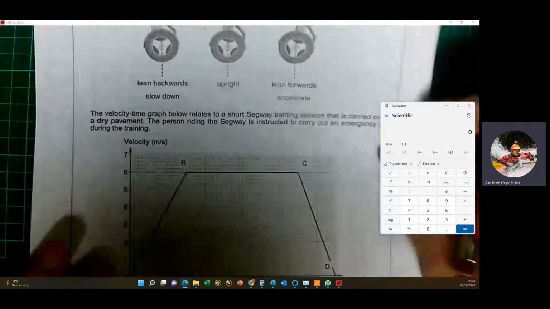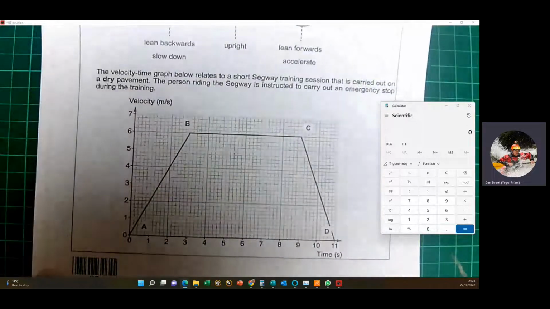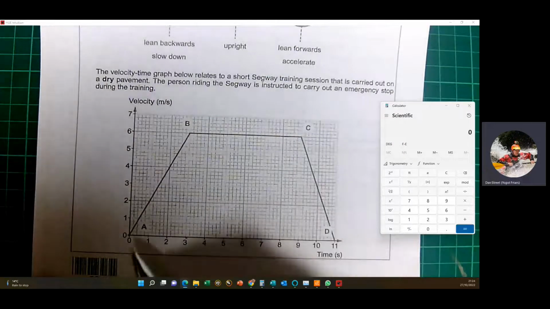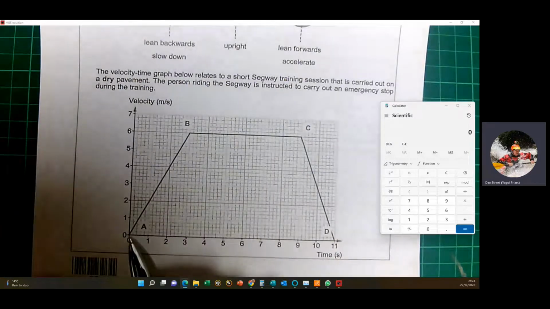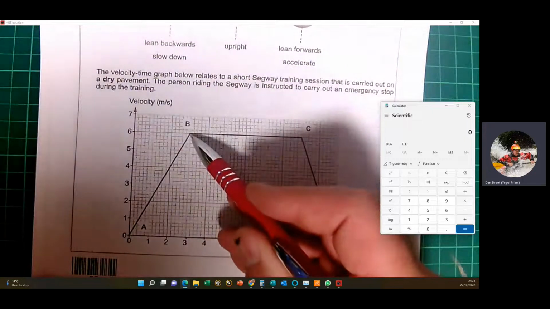velocity. Okay, so we've got a velocity time graph here, and this relates to a short Segway training session that's carried out on a dry pavement. The person riding the Segway is instructed to carry out an emergency stop during the training. So at time 0, the Segway is moving at 0 meters per second, and then over the period of 3 seconds it accelerates to 6 meters a second.